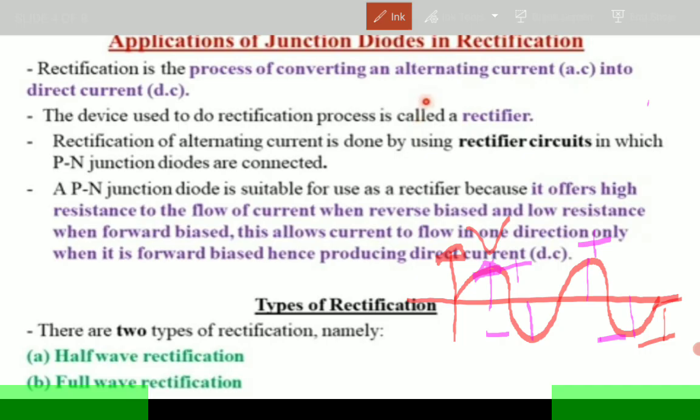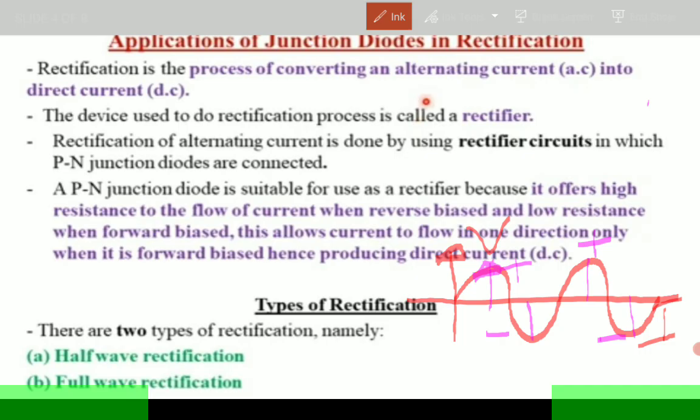So on their circuit boards, there are diodes that have been fitted into them, so that alternating current which you tap from the socket, from the ESCOM power, into your laptop, into your TV, is changed to direct current, which is needed by the appliance to operate properly.